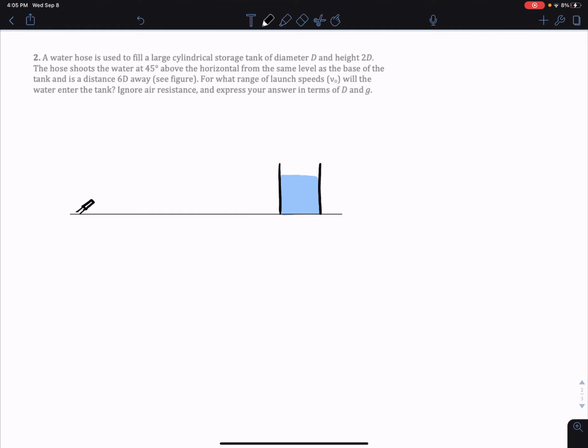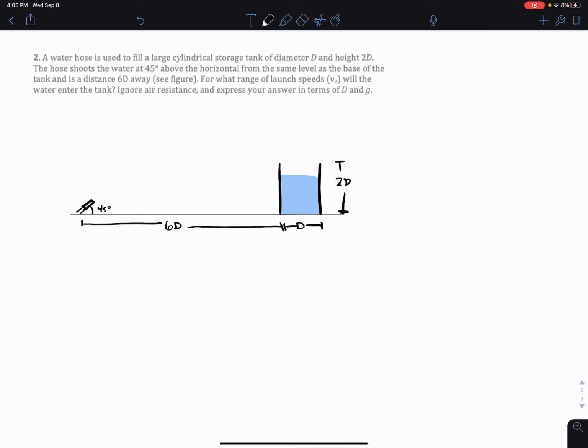Okay, and we have some distances. So this is our angle, it's 45 degrees. Here we have a distance of 6D. This thing has a distance D, that's the size of our water tank, and it has a height of 2D.